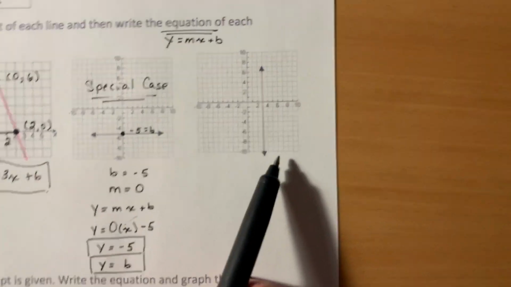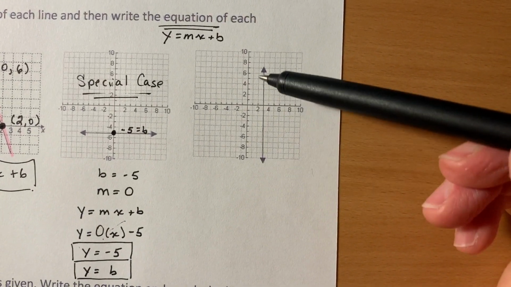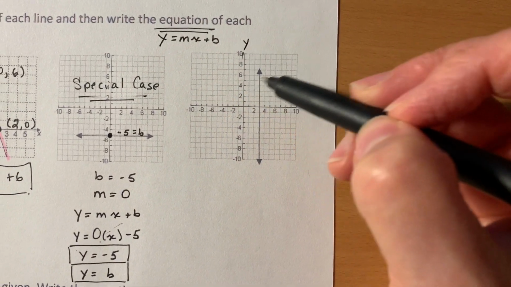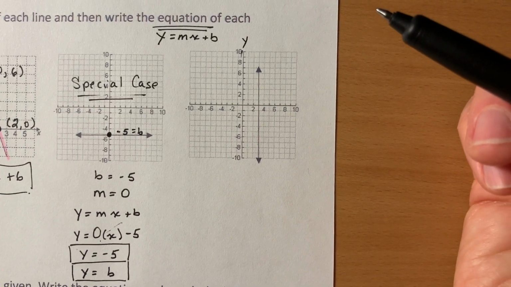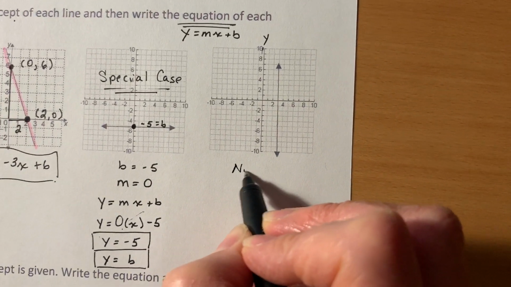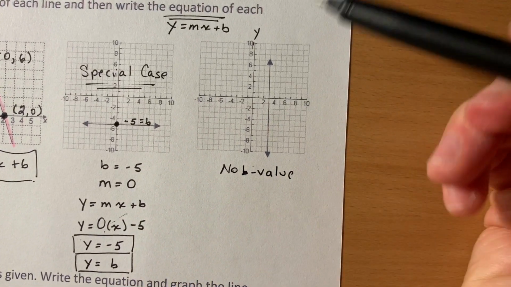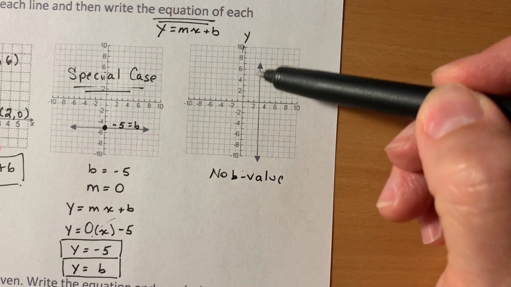Let's look at this one. Again, what's the y-intercept? This is a vertical line. Is it going through this y-axis? Does the line cross it? The answer is no. There's no b value. Again, let's think back to chapter 5 when we talked about a vertical line.